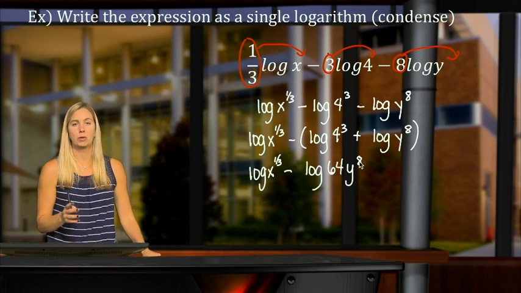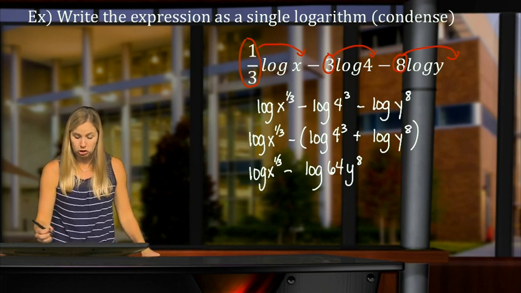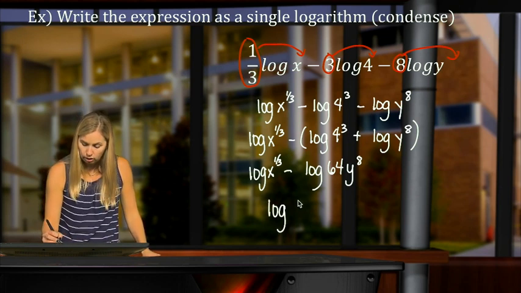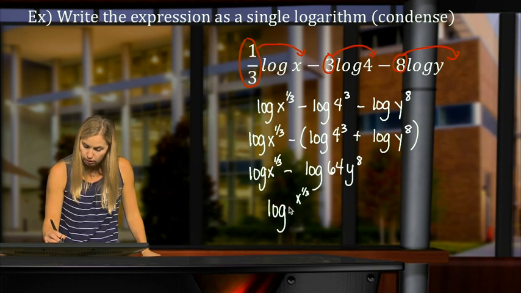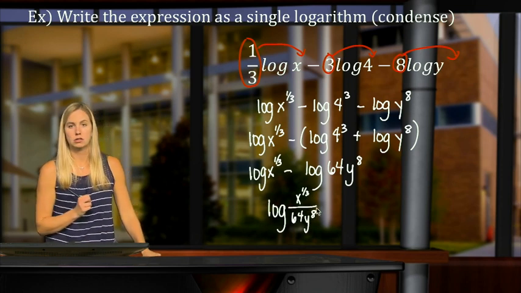And now we always want to end with just two terms being subtracted, if any subtraction, and then we condense using division. So this is log of x to the 1/3 divided by 64 y to the 8th power.